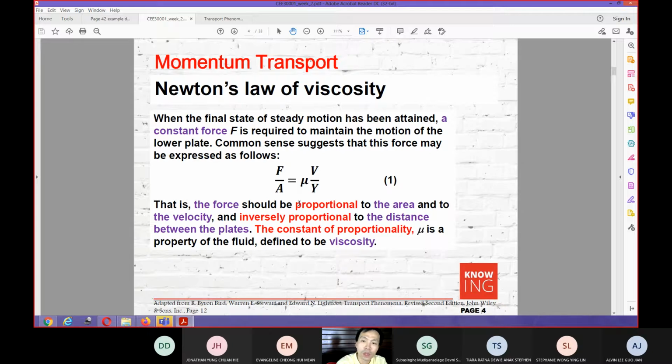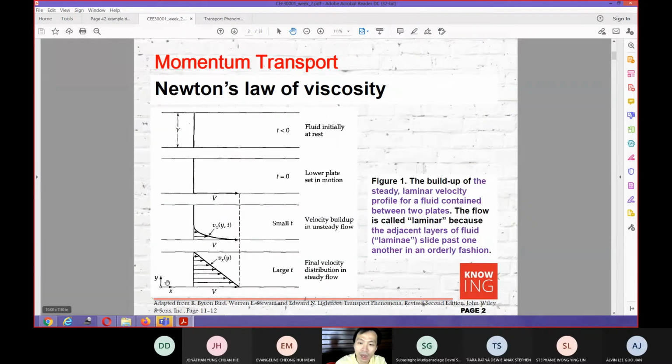So what connections can you find between the force and the velocity here? The force required to move the plate in the x direction will be proportional to the velocity. It will also be proportional to the area where the force applies, which is the area of the plate.